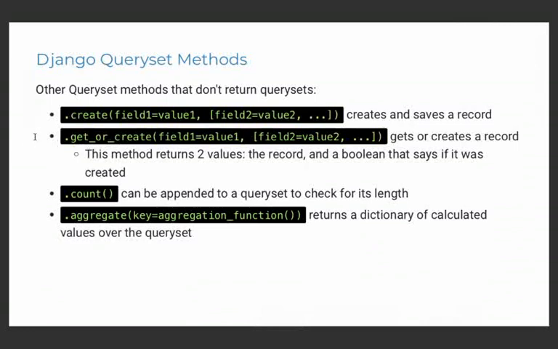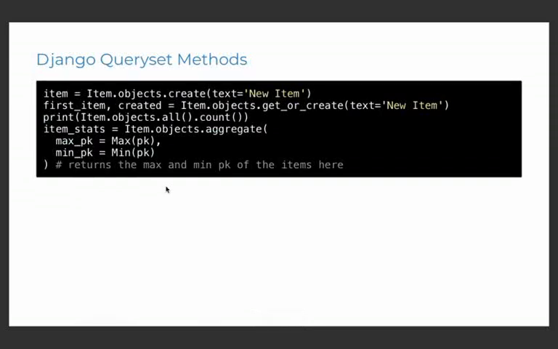An example of that is the create that we just used, or get_or_create, which gets a model, or if it does not exist, it will create that model. There's also the .count method that checks for its length instead of using the length keyword. And then there's also aggregate. I'm just showing you the aggregate. We're not going to use it a lot or at all.